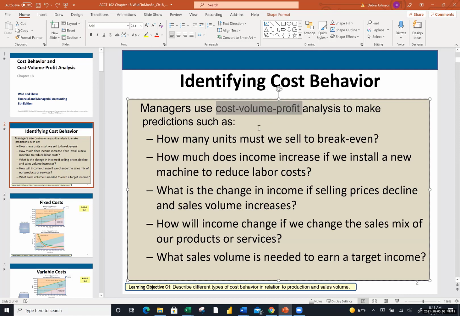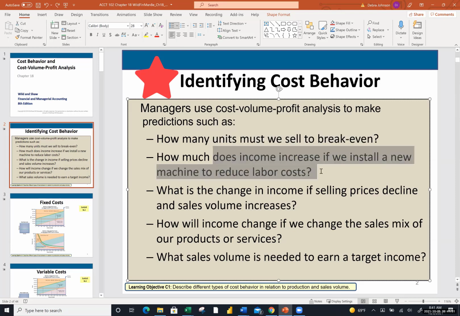Here are some of the questions that cost, volume, profit will allow us to answer. How many units do we need to sell to break even? That's part of every single business plan. And then there are always what-if scenarios. What would happen to my net income if I brought in a machine or a robot or some technology?